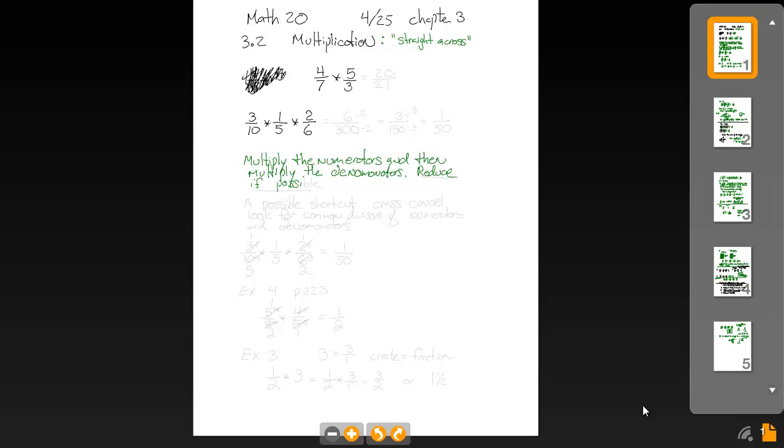With this caveat, that we always reduce if possible throughout the whole chapter, unless it happens to say for some reason it wants you to build something. So our usual goal is to reduce when we're done.